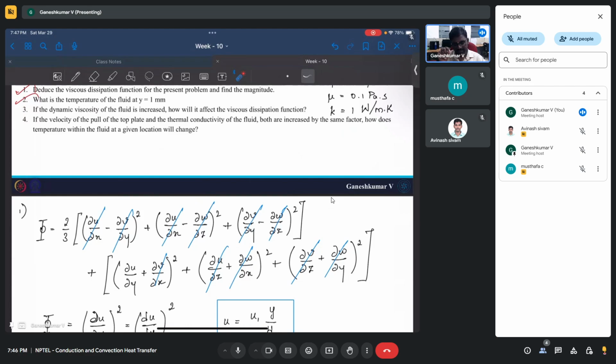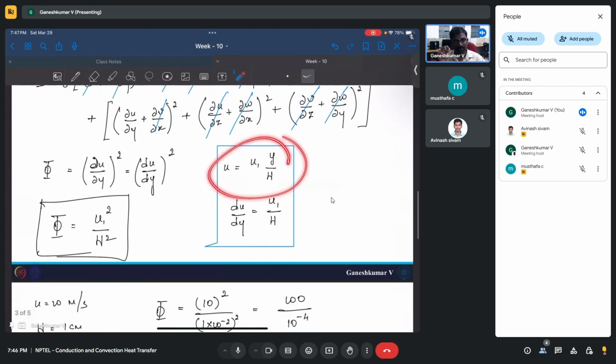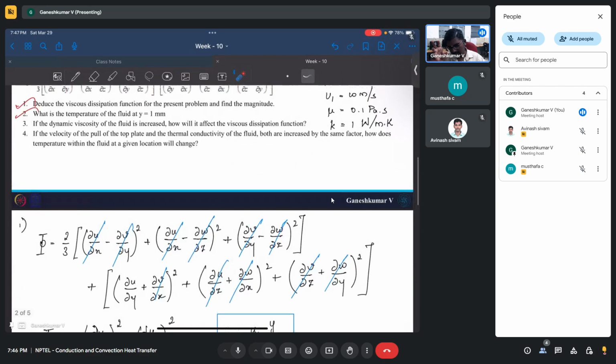But in this present case, even our velocity profile doesn't depend on dynamic viscosity. So the velocity gradient is going to remain the same even if you change the dynamic viscosity, and hence the viscous dissipation function will also remain the same.